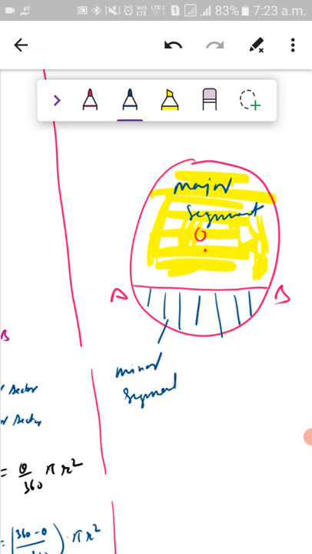Here also we have to remember that if someone has written segment, segment means minor segment. Be sure about it.